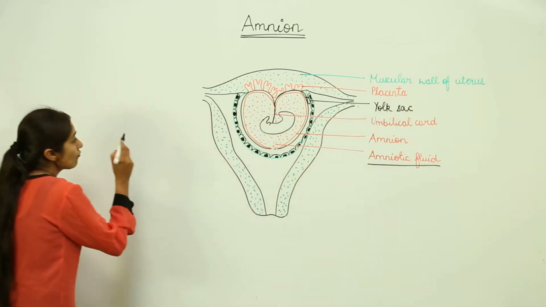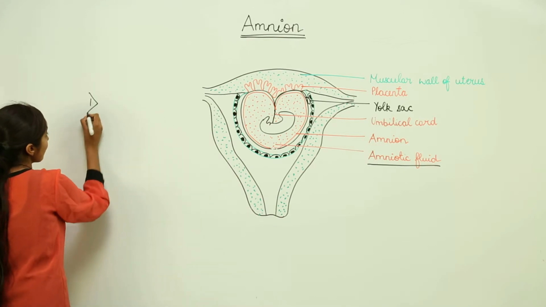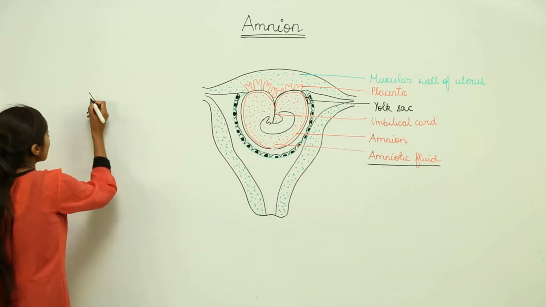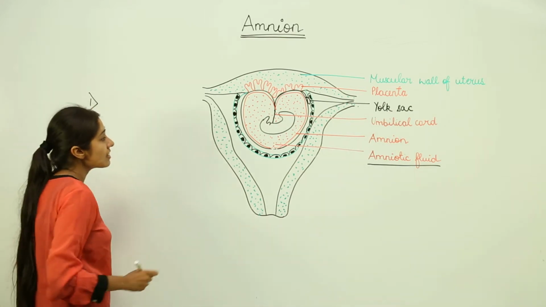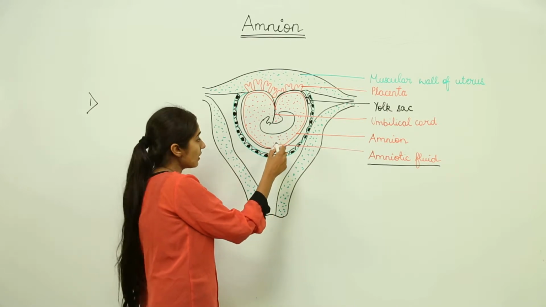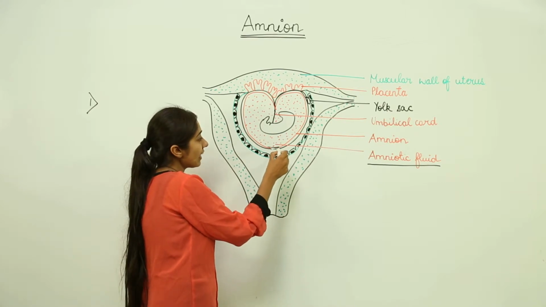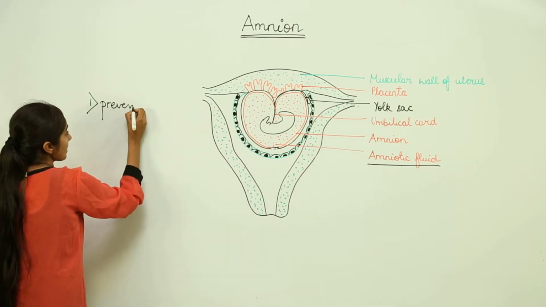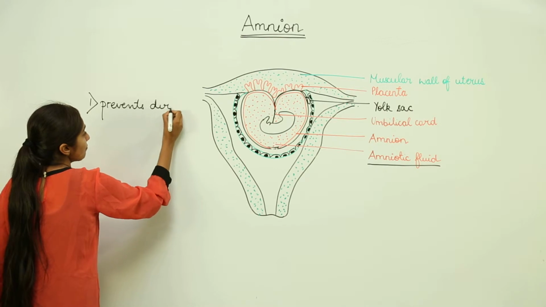So just see what we have discussed. We have discussed the first function of this amniotic fluid, that is what? The first function is that it is preventing the direct contact of the amnion, the sac lining, with the fetus. So it prevents direct contact.